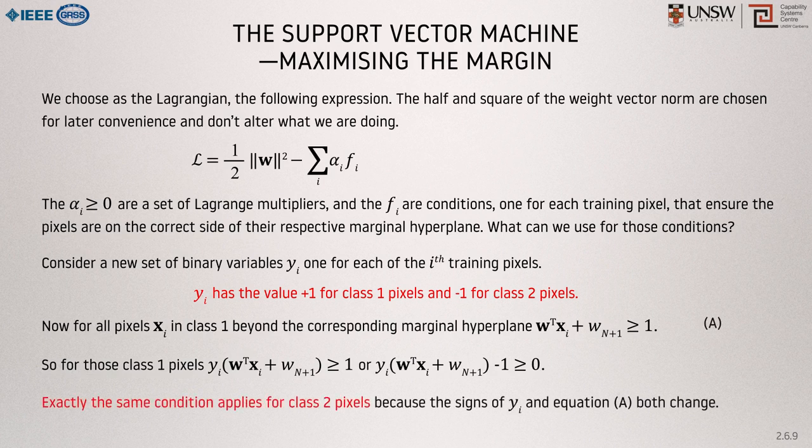The binary variables y_i are indicators of the actual class for the ith training pixel, as shown in red in the middle of this slide. The y_i take values only of +1 or -1.